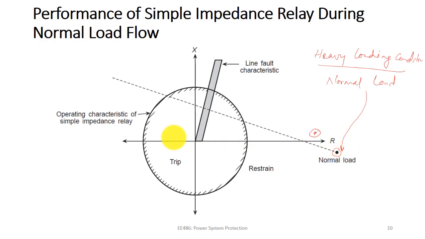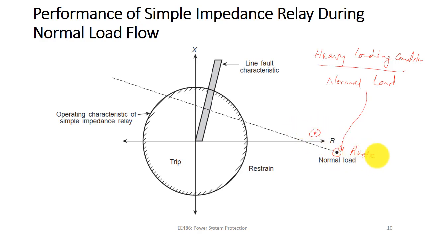So this is your line fault characteristic considering the arcing fault, and this is your normal load, which under normal load condition should lie in the restraining region.